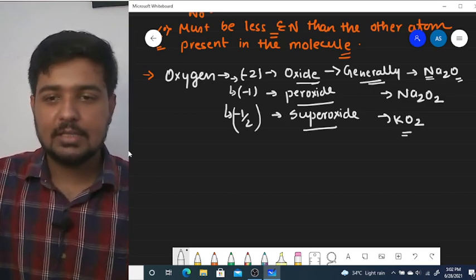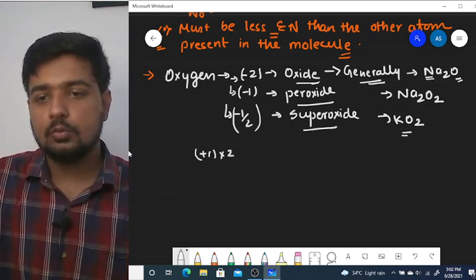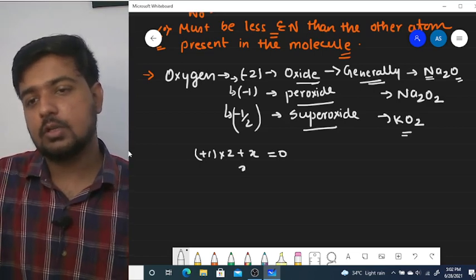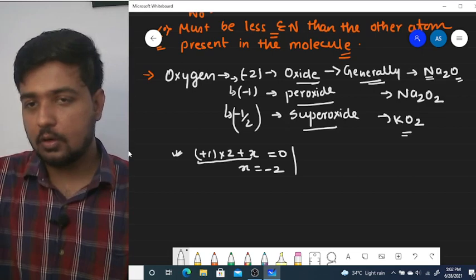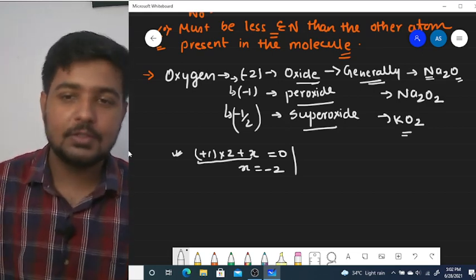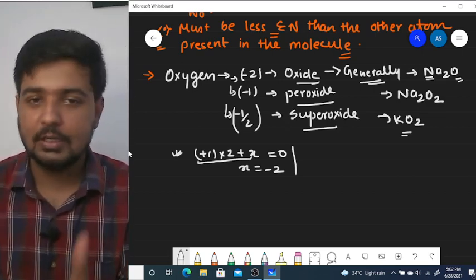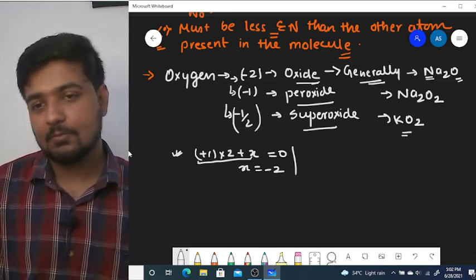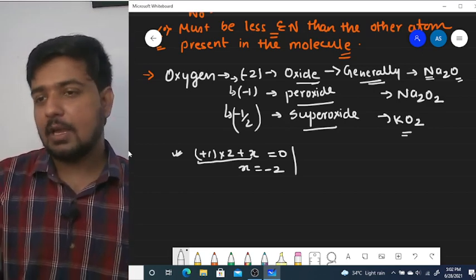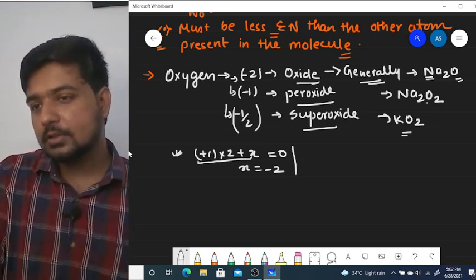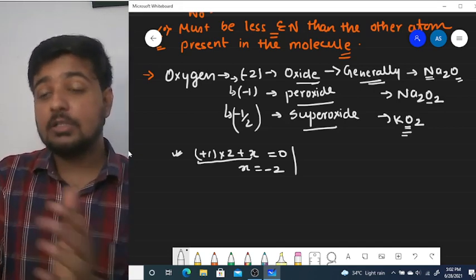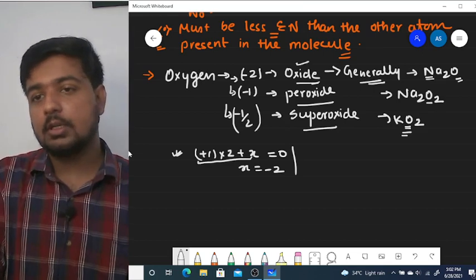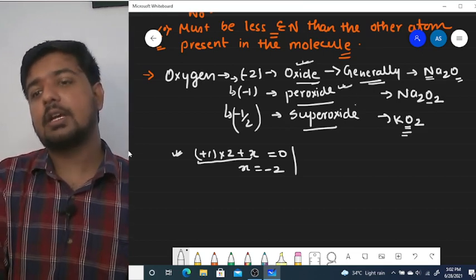So we can write +1 into 2 plus x is equal to 0, so x is equal to -2. How did we get all these? By using the rules which we studied right now. Is it clear? In this manner you can find the oxidation number of oxygen and, on the basis of it, name it oxide, peroxide or superoxide.